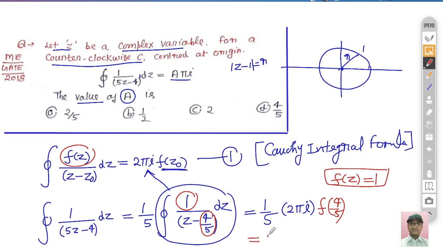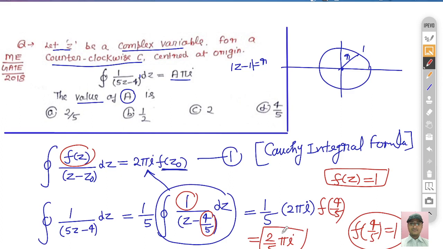So finally we get 2 by 5 pi iota, since we compared with the general formula of the Cauchy integral and f(z) is 1.